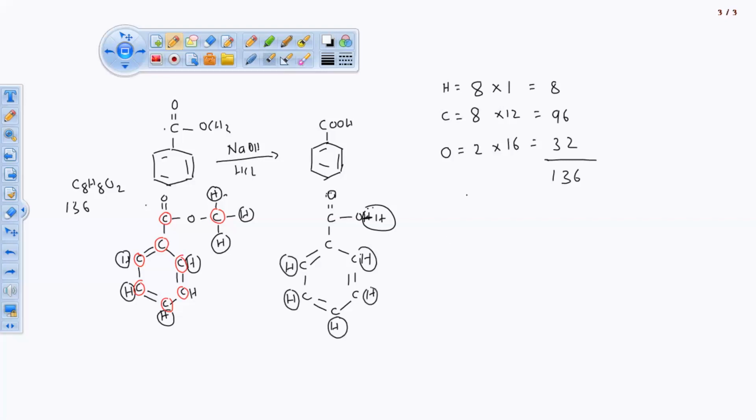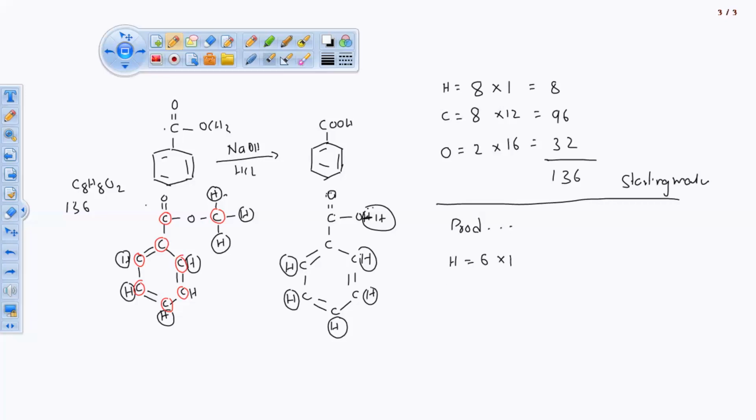So how many in benzoic acid? This is the starting material, what we have taken. And now the product. We need the molecular weight of the product, so write it all down. For that, how many protons are we having? 1, 2, 3, 4, 5 and 6. 6 hydrogen atoms into 1.